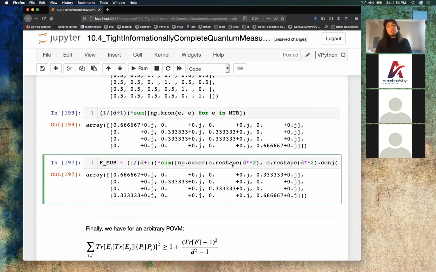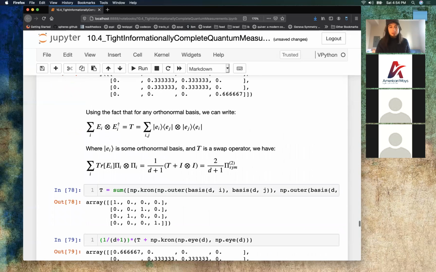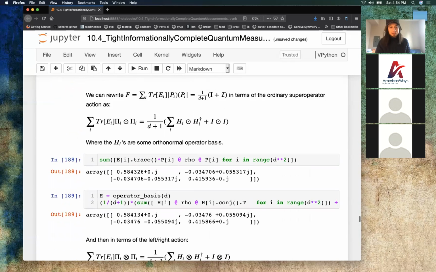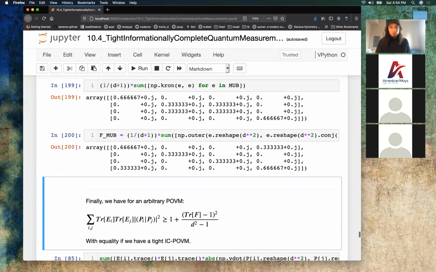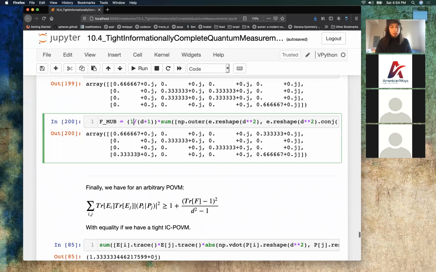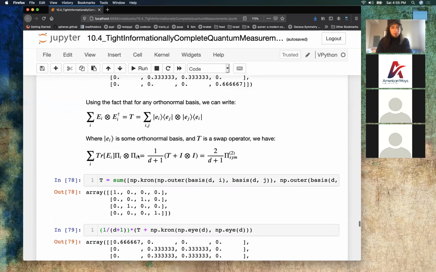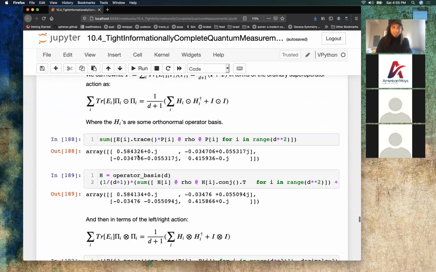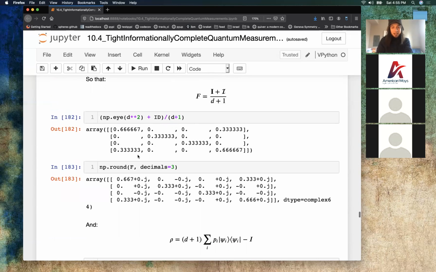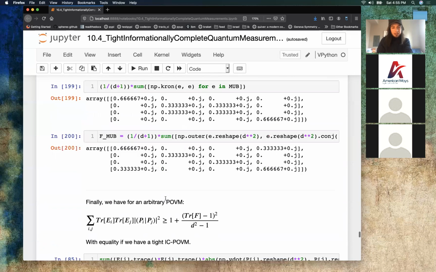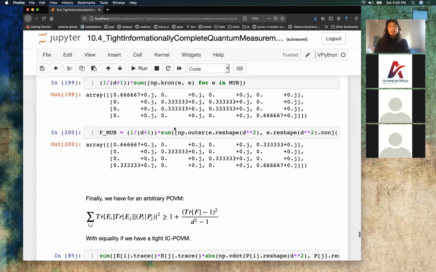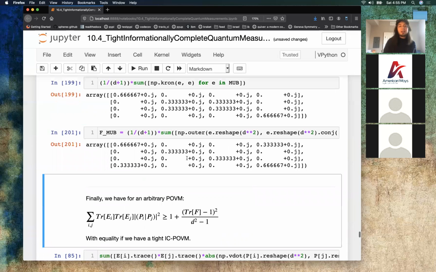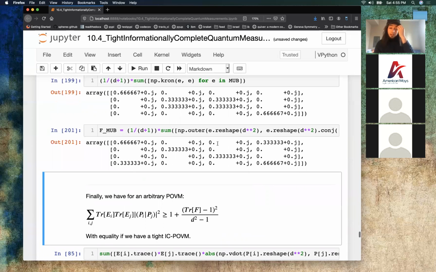And that's what this is. And so this is the frame superoperator for the mutually unbiased bases.